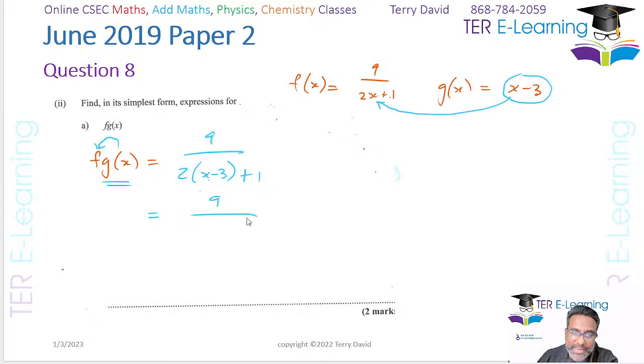So this is going to be 9 over 2x minus 6 plus 1. So therefore this is going to be 9 over 2x minus 5. Right, so that's my answer for that one there.